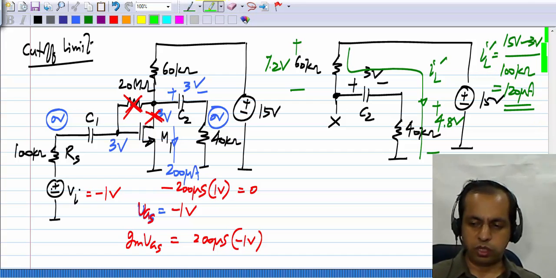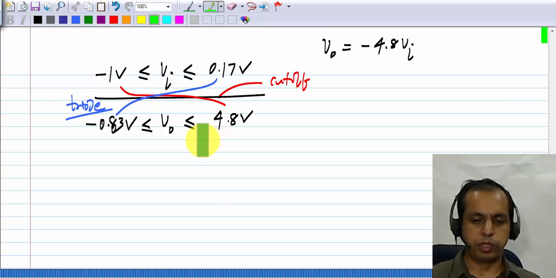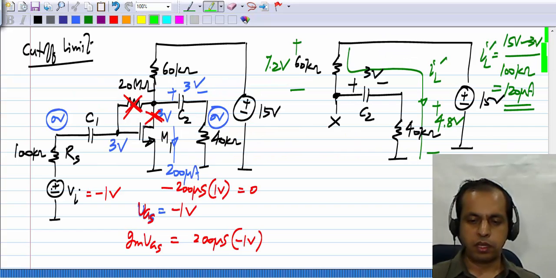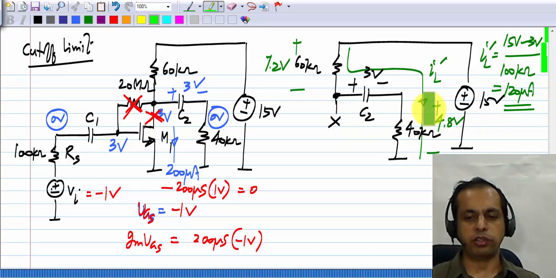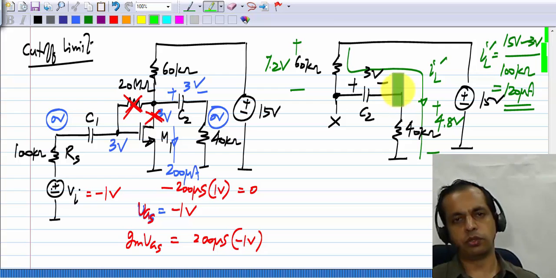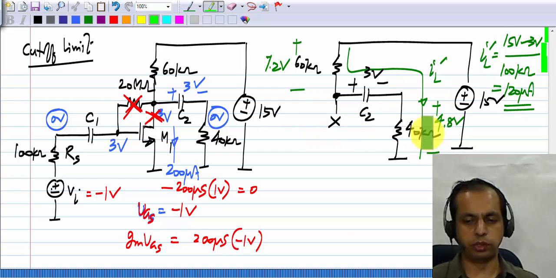Now let's go back to our limit in terms of the output. What did we say was the limit? V0 must be less than 4.8 volts. Of course, we should get exactly the same value because it's the same condition we are evaluating. We just assume that the capacitor holds a constant voltage and this is an open circuit because the transistor is cut off. So obviously you get the same limit.